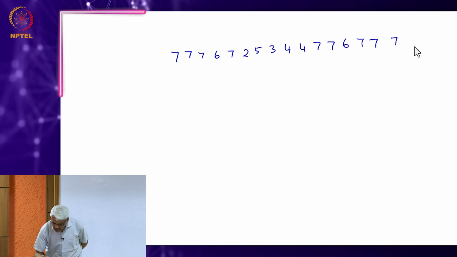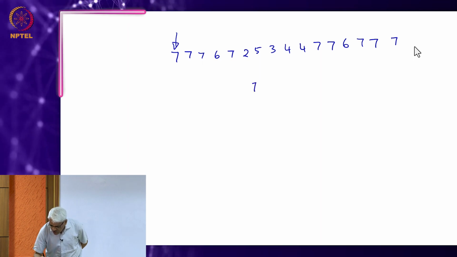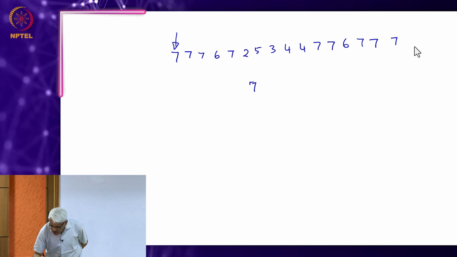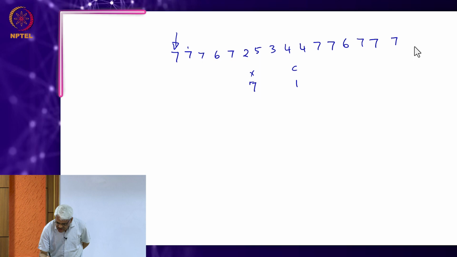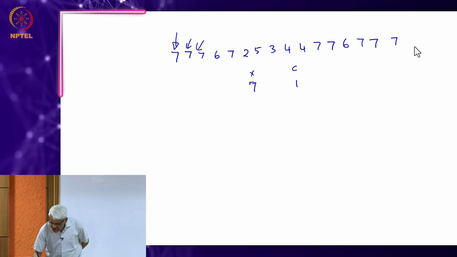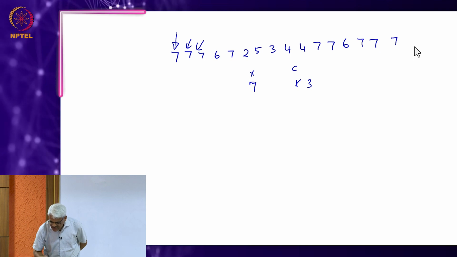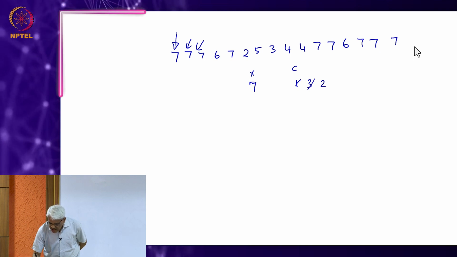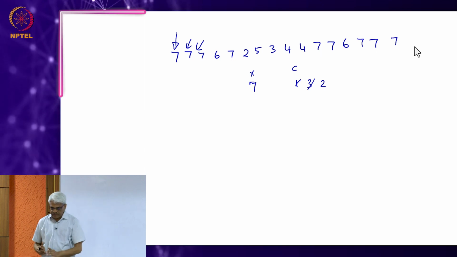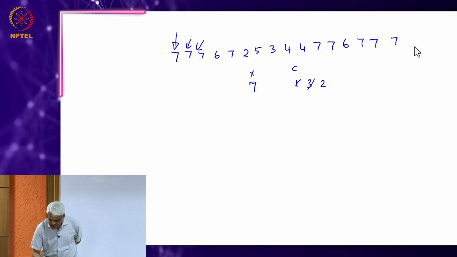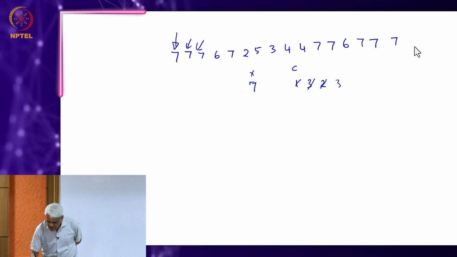So I'm here. I will store this one value 7 and a counter which is 1. As I see these things, this counter gets increased to 3. Once I see 6, the counter gets decreased to 2. The 7 remains. Then I see 7, the counter gets increased to 3.